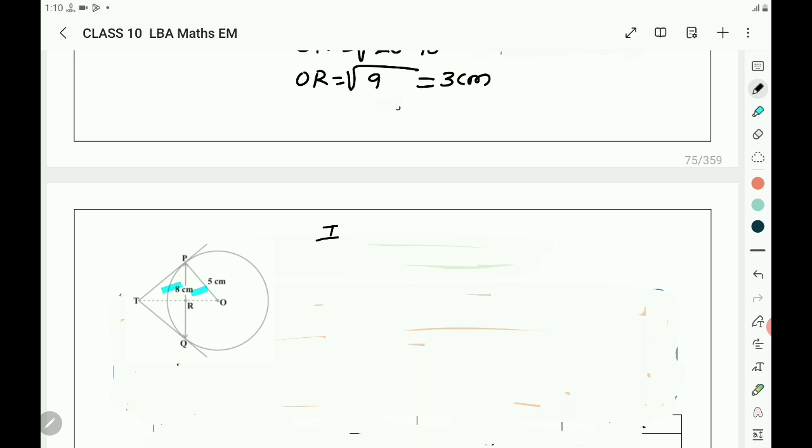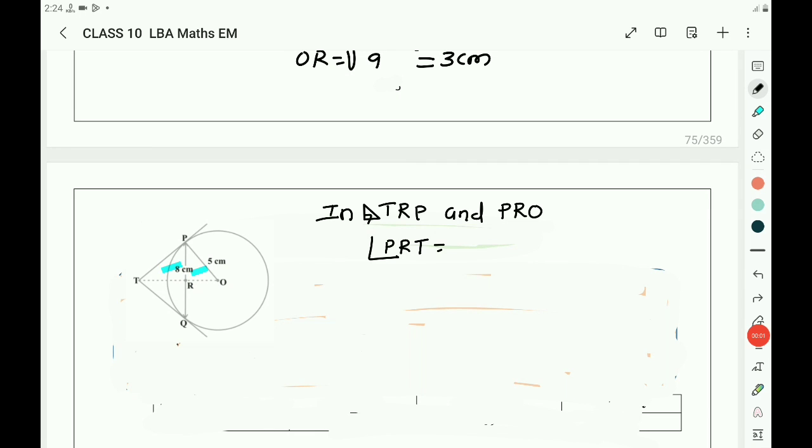In the triangles, they are right angle triangles. In triangle TRP and triangle PRO, angle PRT plus angle ORP equals 90 degrees.